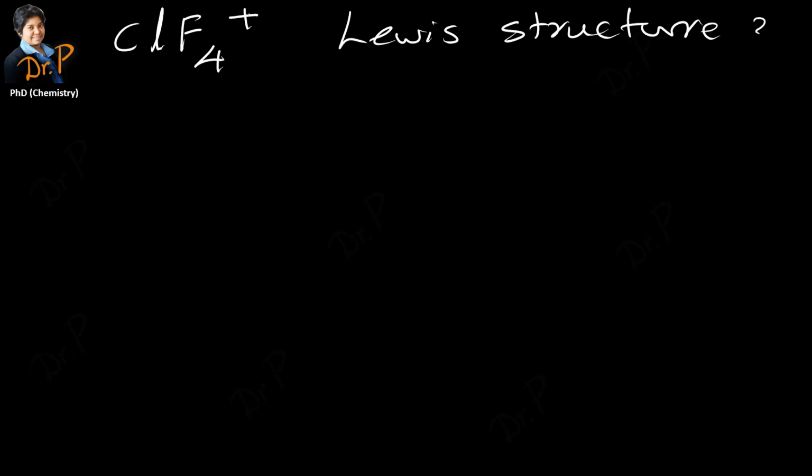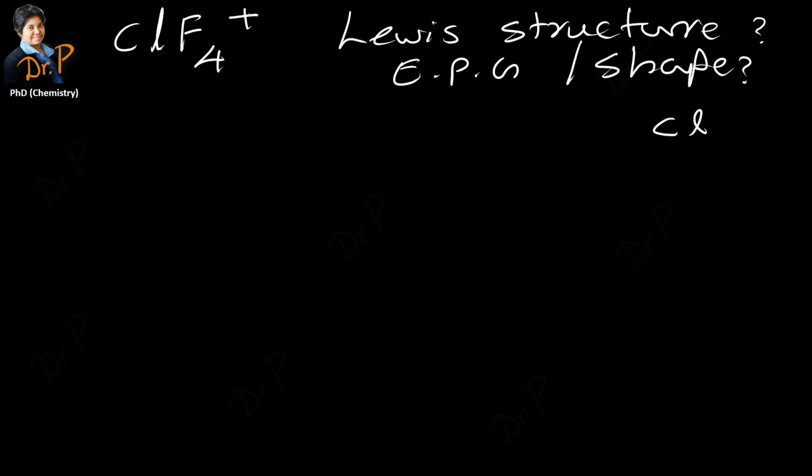First, we'll find the Lewis structure, and then we'll find the electron pair geometry and shape. Chlorine is in group 17, so it has 7 valence electrons. Fluorine is in the same group.